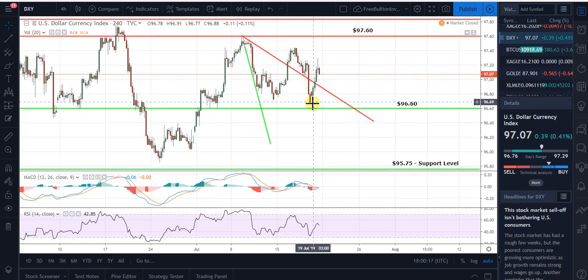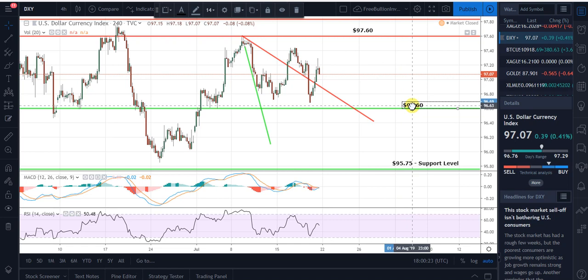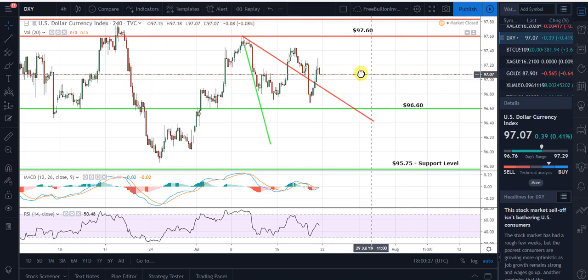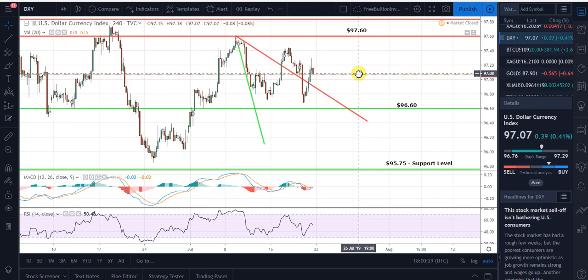But then it basically stopped short of falling below 96.60, and it bounced back up simply because of being oversold, and we're likely going to continue to see a sideways movement, most likely with a downward slant out of the US dollar.